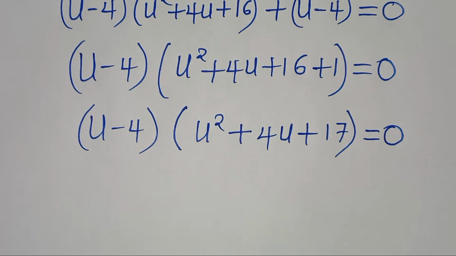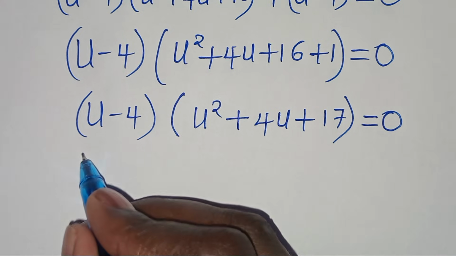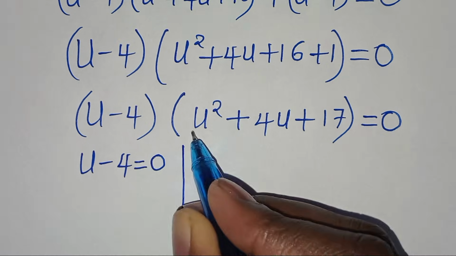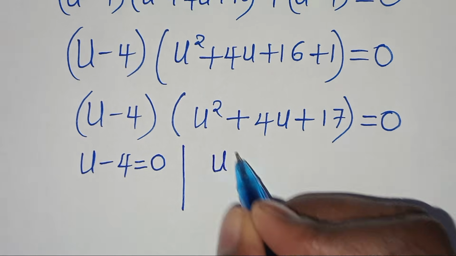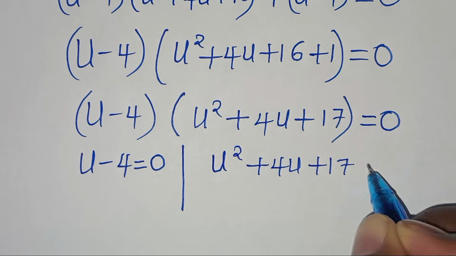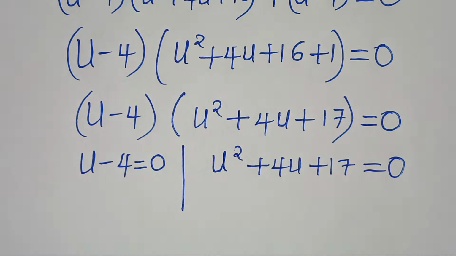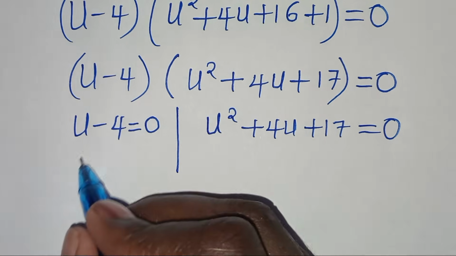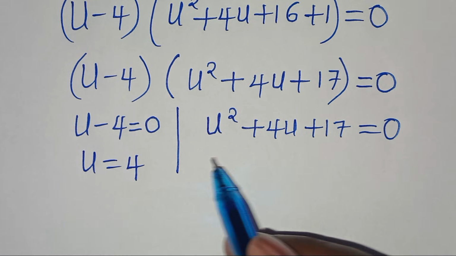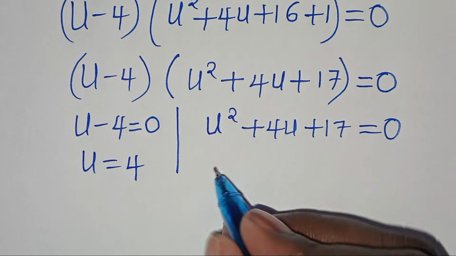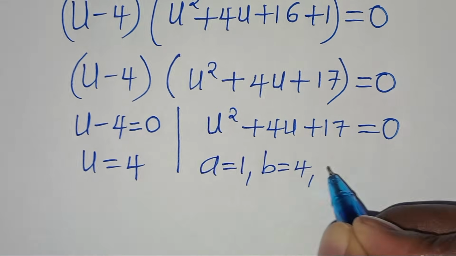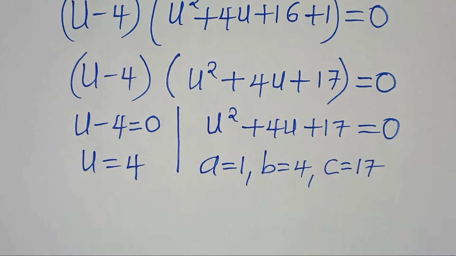So this means we have got two parts here. The first part is u minus 4, this is equal to 0. The second part is the quadratic equation, which is u to the power of 2 plus 4u plus 17. This is equal to 0. Now, we have here that u is equal to 4. Now, this is a quadratic equation where we have a is equal to 1, b is equal to 4, and c is equal to 17.